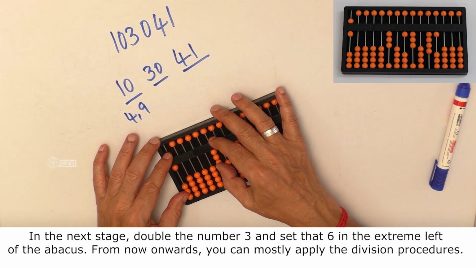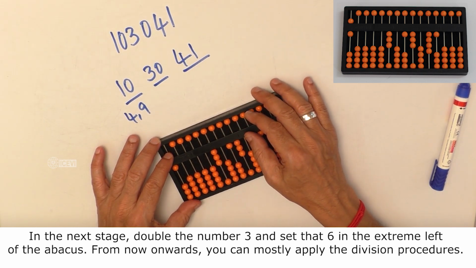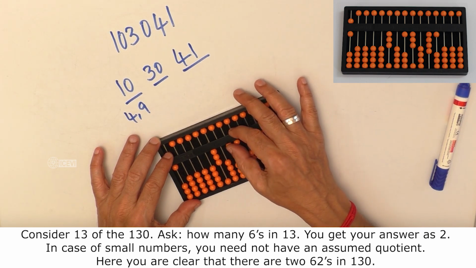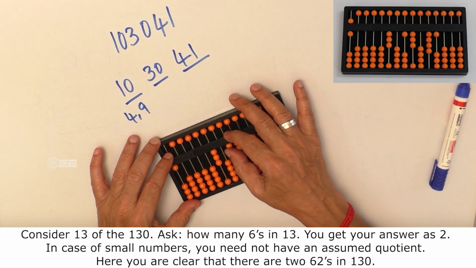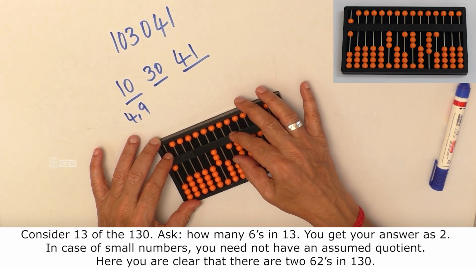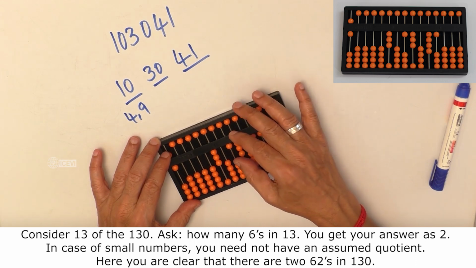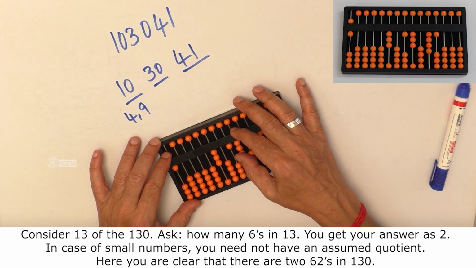From now onwards, you can mostly apply the division procedures. Consider 13 of the 130 and ask how many 6s in 13. You get your answer as 2. In the case of small numbers, you need not go for an assumed quotient.